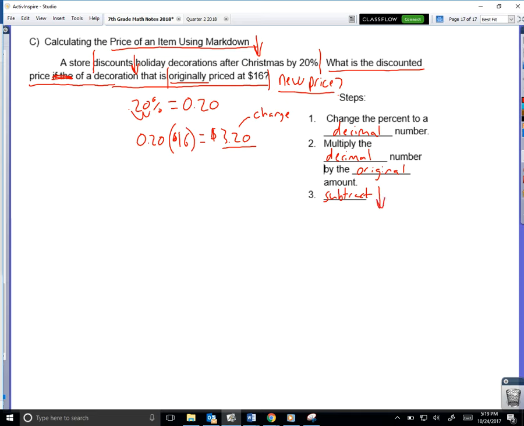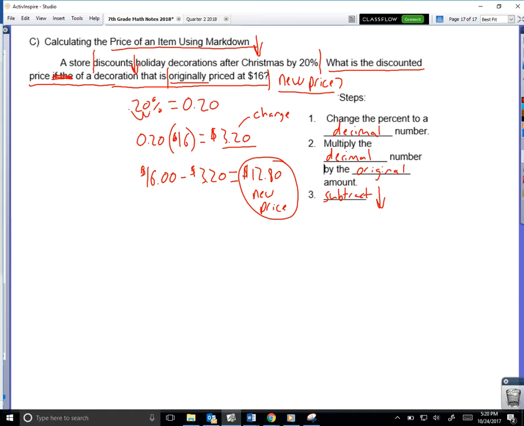So we're going to take $16 and take away $3.20. And when I do that, that is going to give me $12.80. And that is our new price.